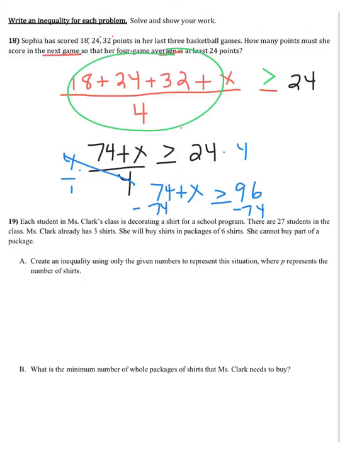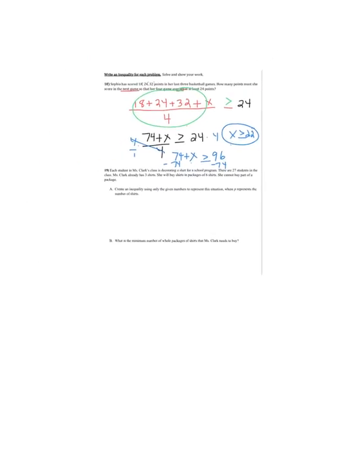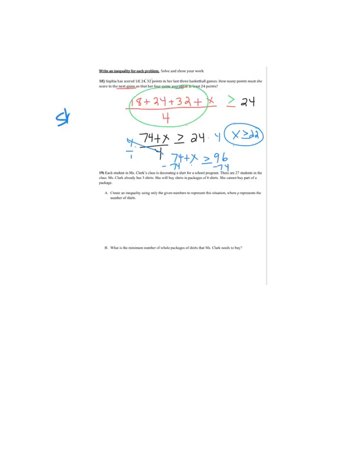X is greater than or equal to 22. So she must score 22 or more. That has to be written down in some words there.